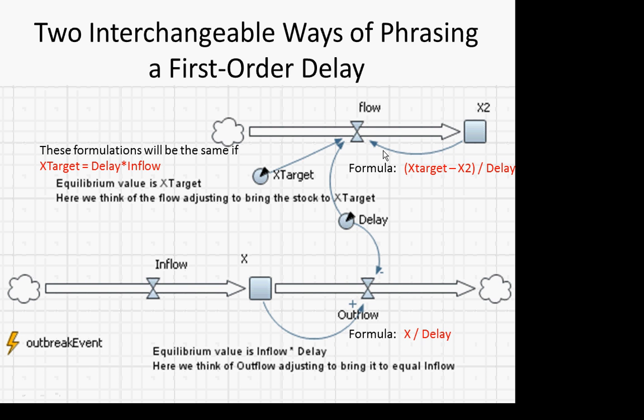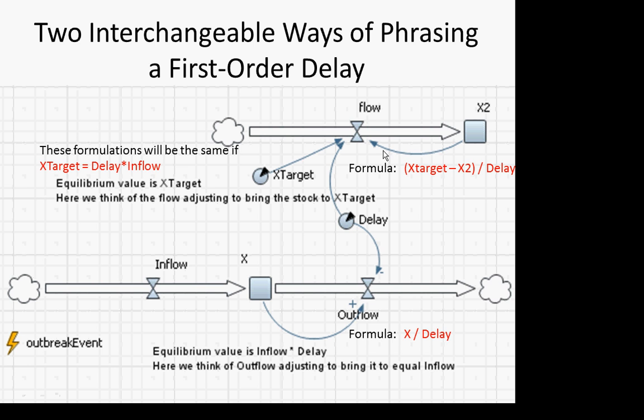And we have a single flow, and you can think of it as kind of a net flow, okay? And here, the formula for the flow at the top is some target, and that's the target for the stock value, minus the value of the stock quantity, in parentheses, divided by delay.